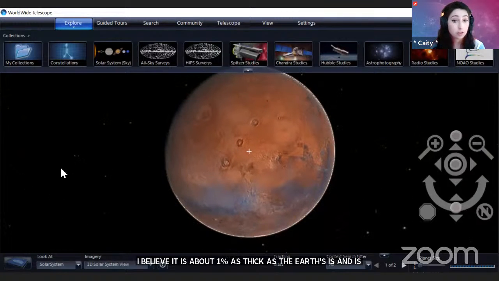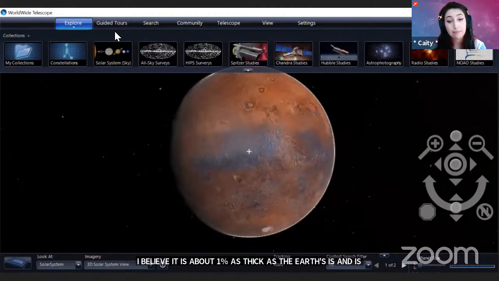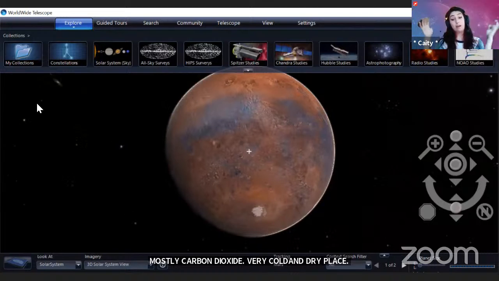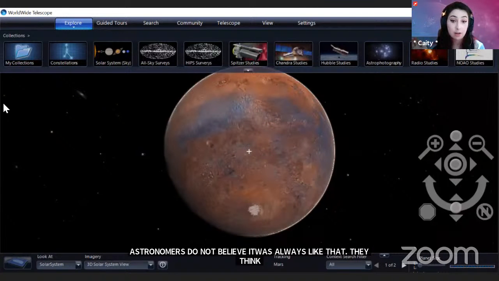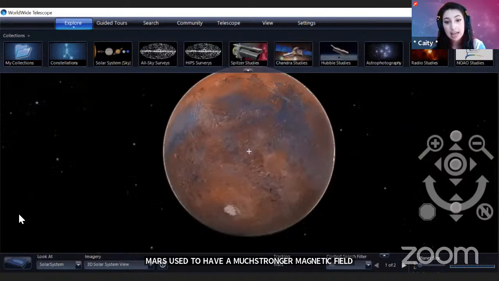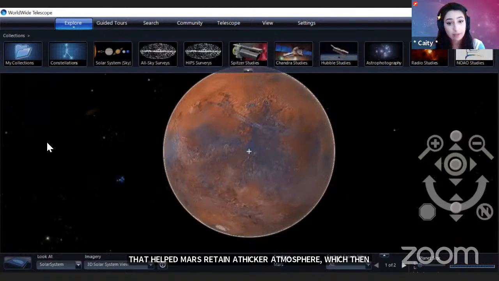But astronomers don't believe it was always like that. They think that Mars used to have a much stronger magnetic field that helped Mars retain a thicker atmosphere, which then allowed liquid water to be on the surface of Mars. And part of the reason we know this is from sending spacecraft out to Mars.